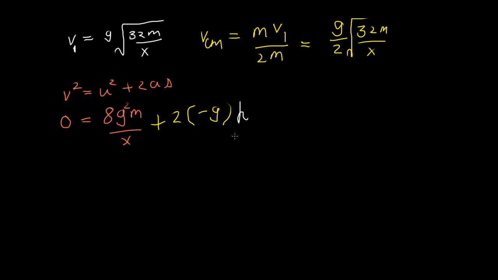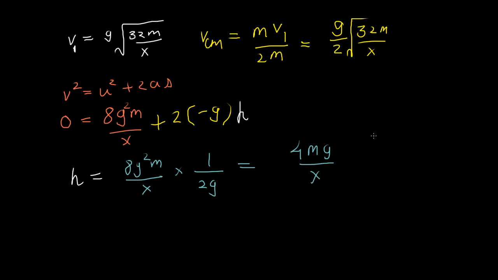From here we can solve for h. It's 2gh, so you divide by 2g: 8 g squared m over x times 1 over 2g, which comes out to be 4mg over x. There you go.